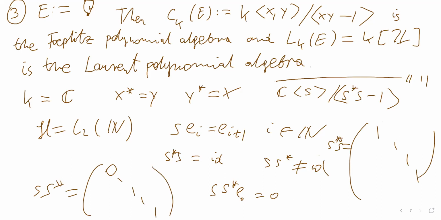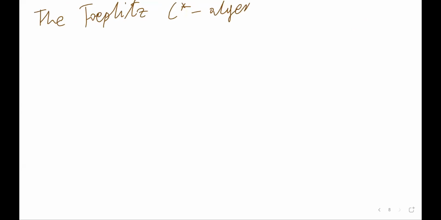And this is an extremely important C* algebra. This is denoted by T for Toeplitz. So the Toeplitz C* algebra is extremely important.